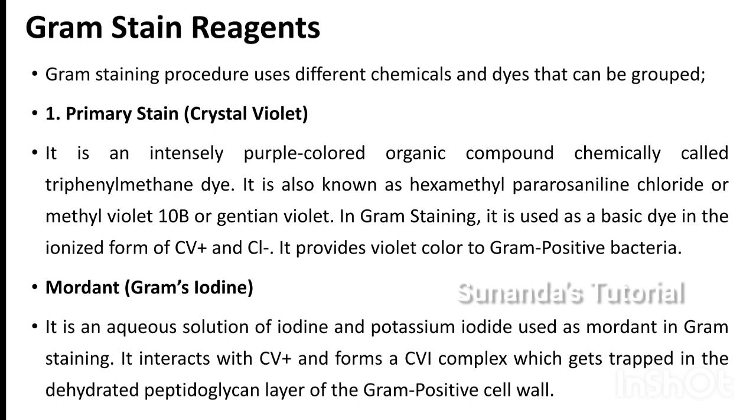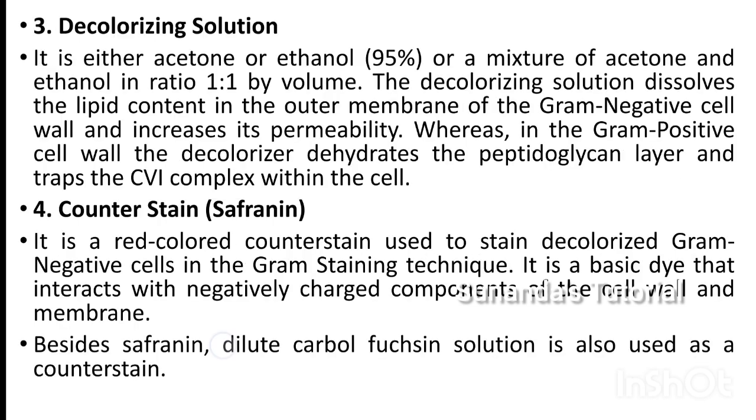So some bacteria have a very thick peptidoglycan cell wall, and generally they are called gram positive bacteria, and some have a very thin peptidoglycan layer, and they have a very thick outer layer, which is basically made up of lipid, and they are termed gram negative bacteria. Okay, so gram positive bacteria create a complex called the crystal violet iodine complex, which gets trapped in their thick peptidoglycan layer.